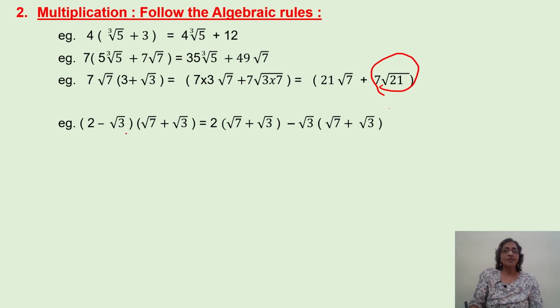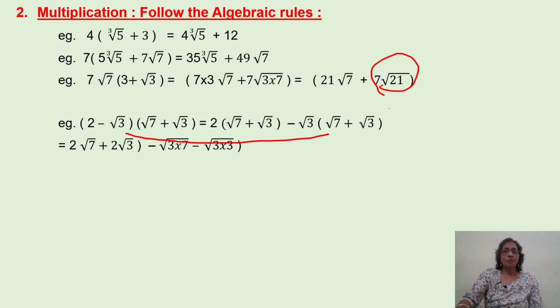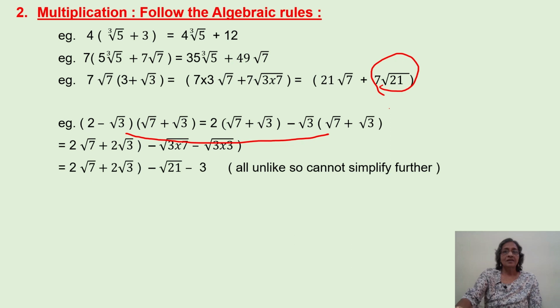And we do the same thing with the second number multiplied by the second bracket. Open out these brackets and you'll see that we come to 2 root 7, 2 root 3 and root 21.